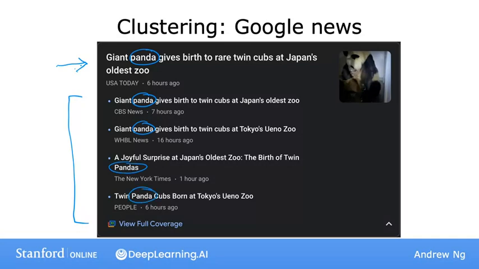And notice that the word twin also appears in all 5 articles. And the word zoo also appears in all of these articles. So the clustering algorithm is finding articles out of all the hundreds of thousands of news articles on the internet that day, finding the articles that mention similar words and grouping them into clusters.